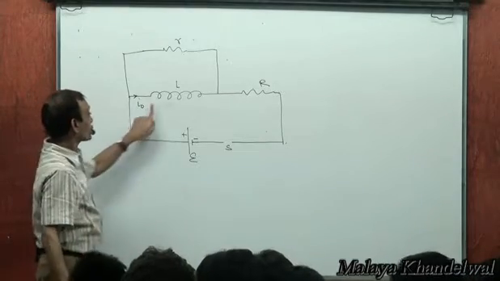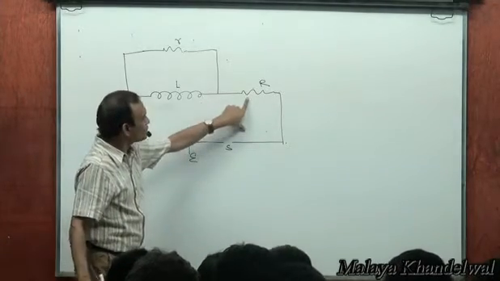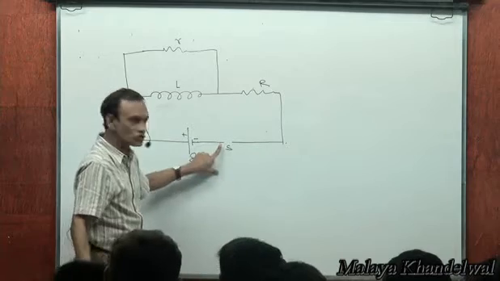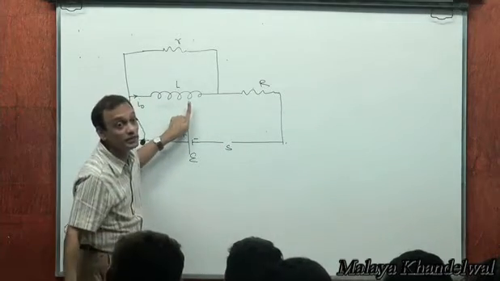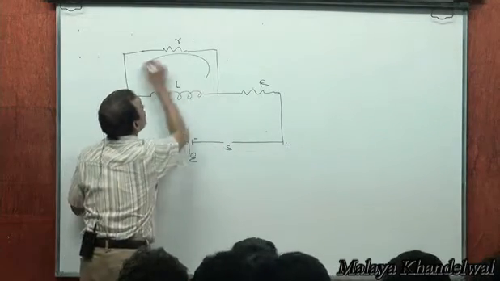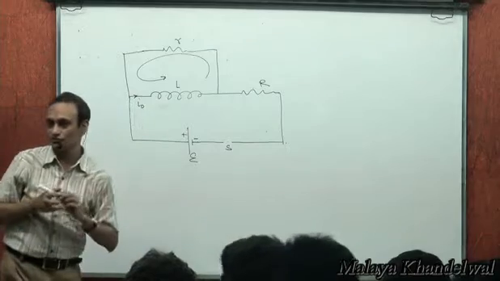Now, the current through the resistance will die instantly because the switch is open. But the current through the inductor element is not going to die instantly. It will circulate through this loop. It has a passage through this loop.